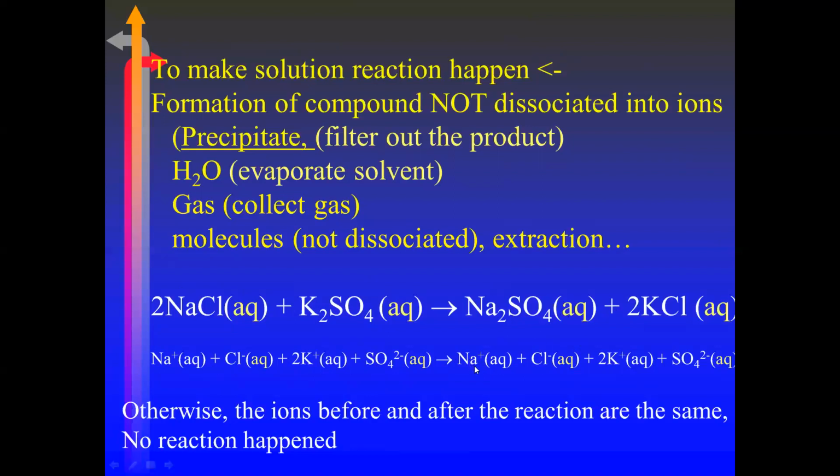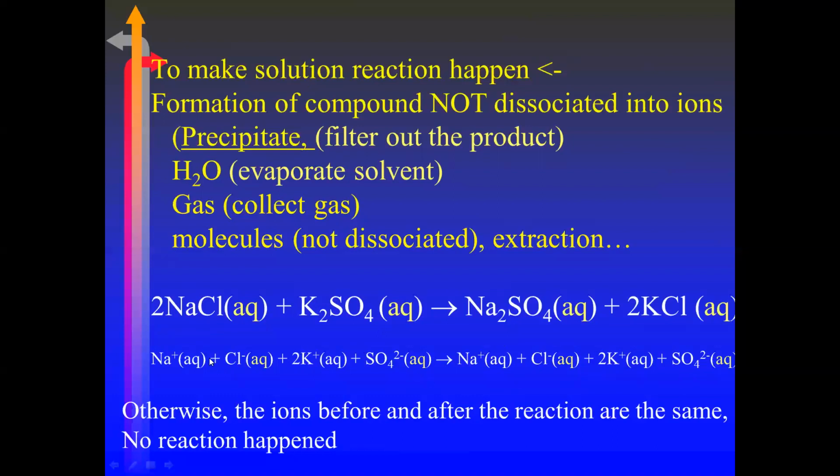So then you see that if you compare, the reactants have exactly the same ions as the product, which means nothing happened. In other words, if you add this compound solution into this compound solution, after you add it, there is nothing you can take out from the beaker.